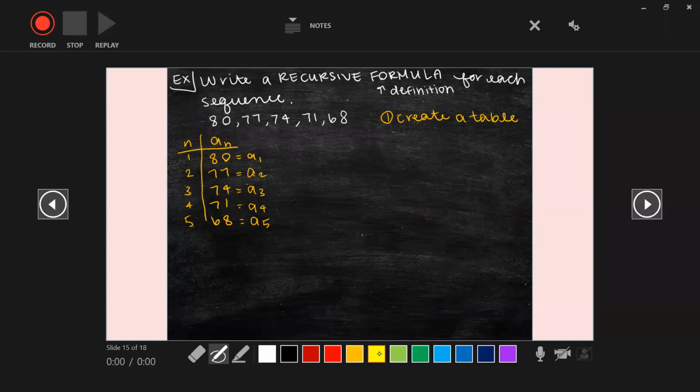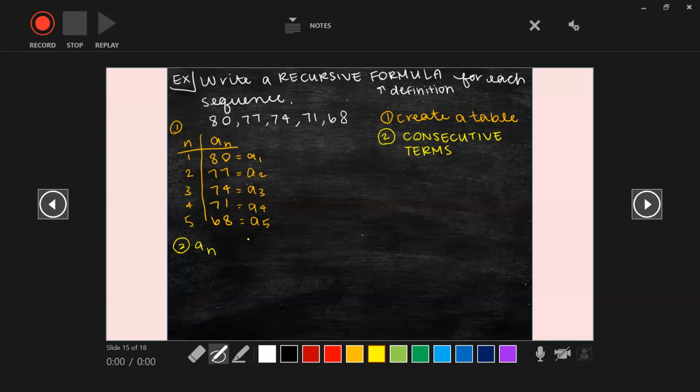And now what I want you to do is identify consecutive terms. What you're going to do in step 2 is find 2 consecutive terms.